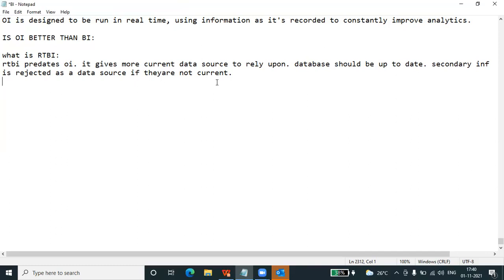Then what are the key features of operational intelligence?